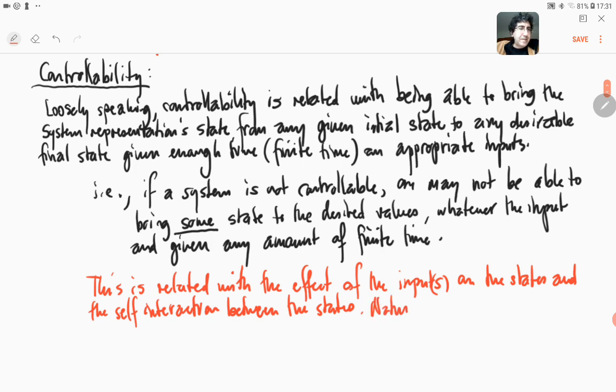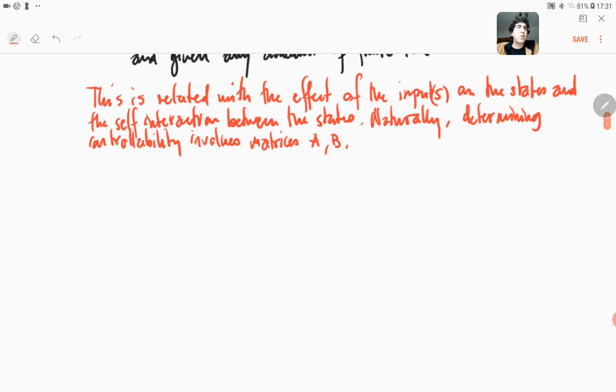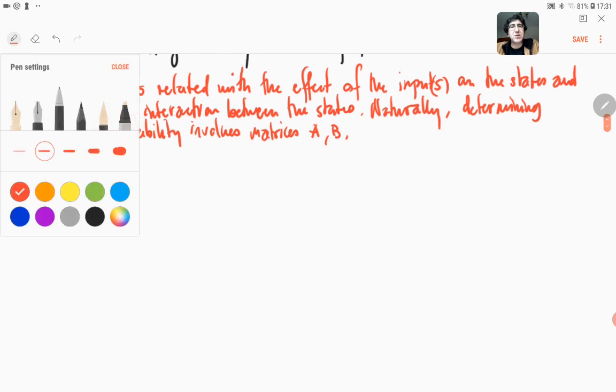Naturally, determining controllability involves matrices A and B.